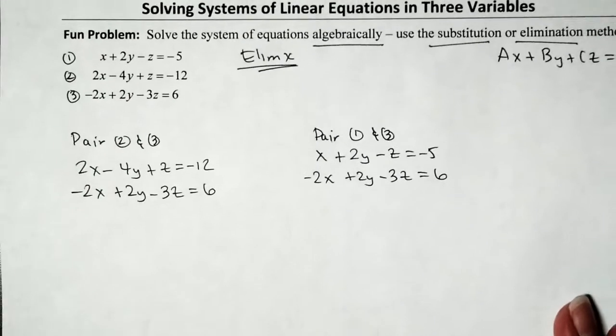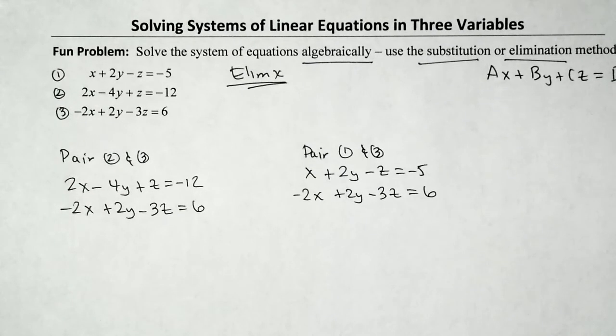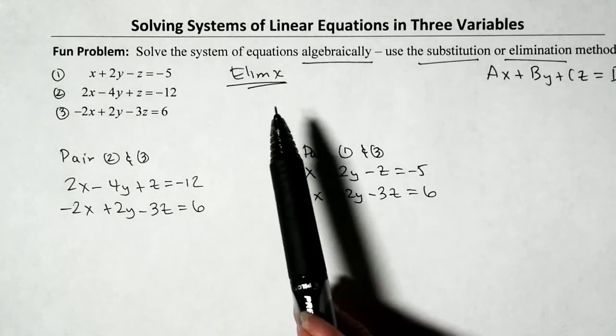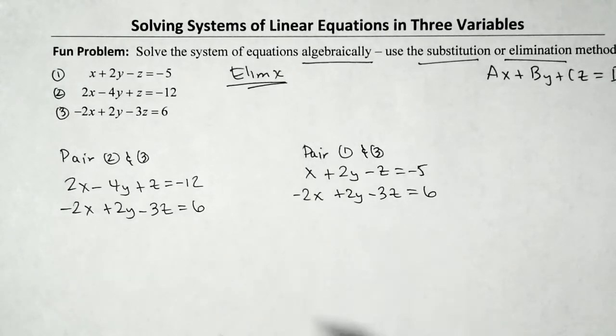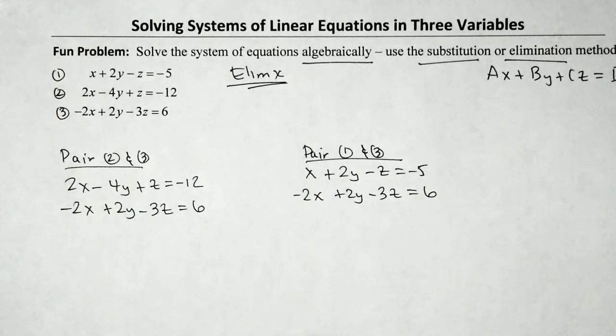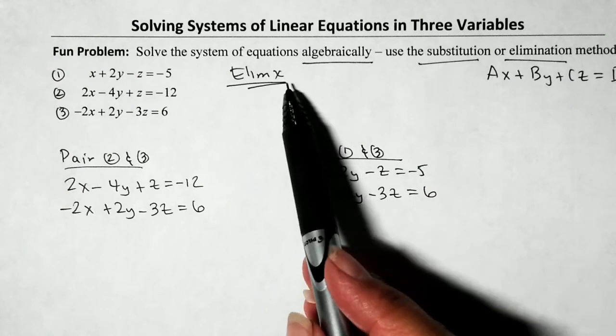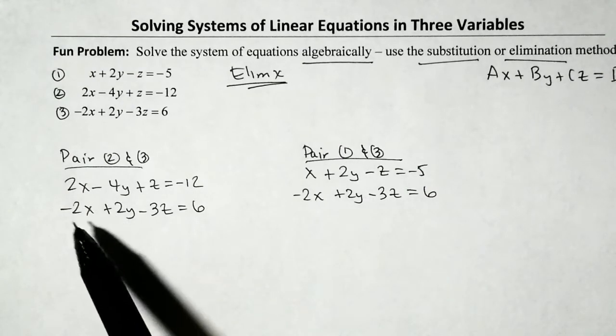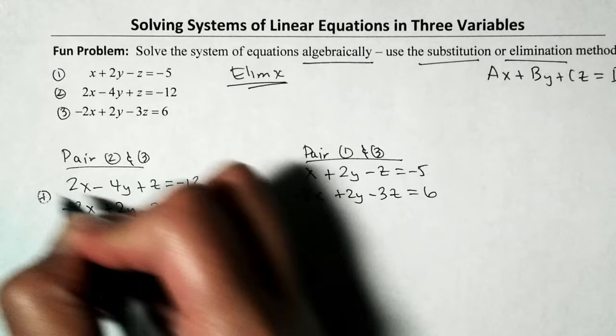So again, to solve a system in three variables by elimination, first we pick a variable to eliminate. How are we gonna do that? We're gonna make two pairs of equations and eliminate that variable. In this case, we said let's eliminate x. The coefficients are opposite, so we have a green light to add the equations.